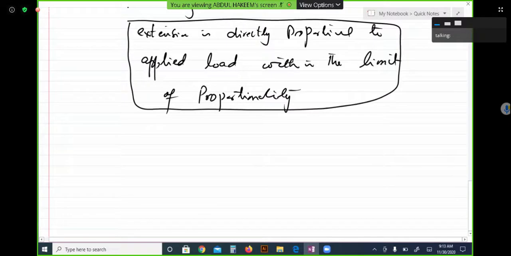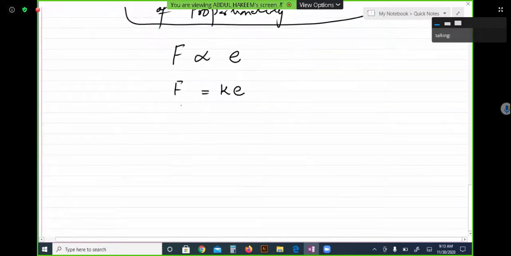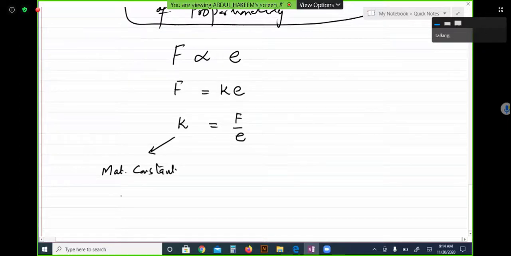Limit of proportionality means the end of the directly proportional relation. So we can write F directly proportional to E or X or delta L, and F is equal to a constant K into E. This constant K is equal to F divided by E. In A level, it is called material constant, or sometimes it is known as stiffness, but this is the most common name.